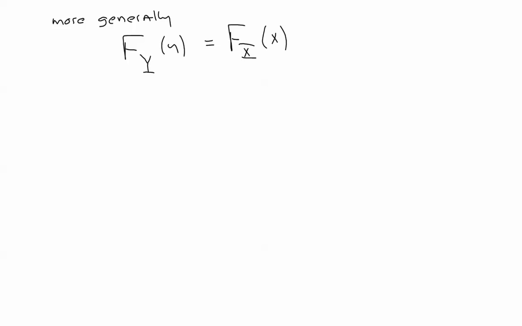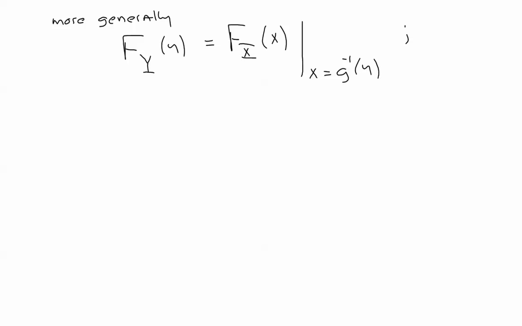So, more generally, I can make this statement. More generally, the cumulative distribution function for y equals the cumulative distribution function for x if I everywhere substitute x equals g inverse of y.